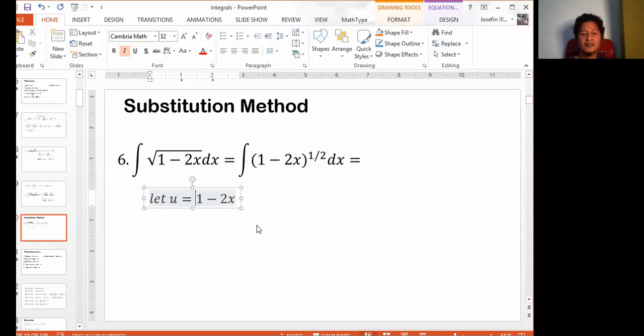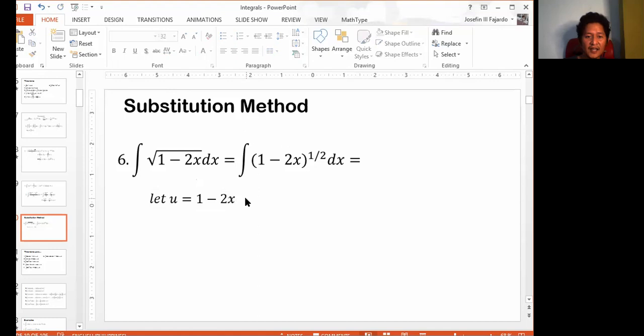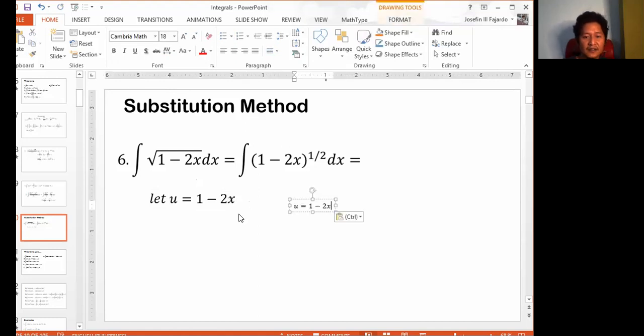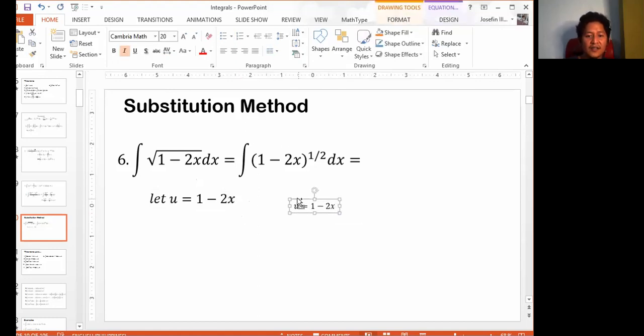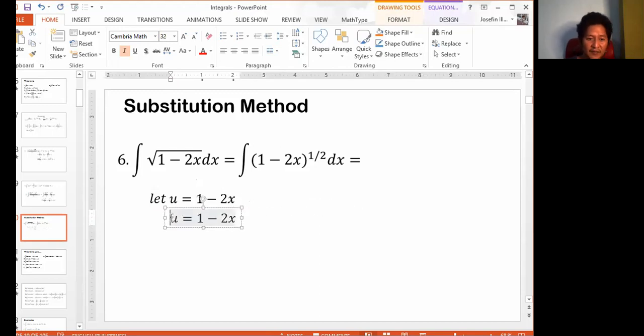Now, notice if I have u to be 1 minus 2x, and I take the derivative of both sides, what happened? So this becomes du, and the derivative of 1 becomes 0, right? And then the derivative of negative 2x will just be negative 2 dx.